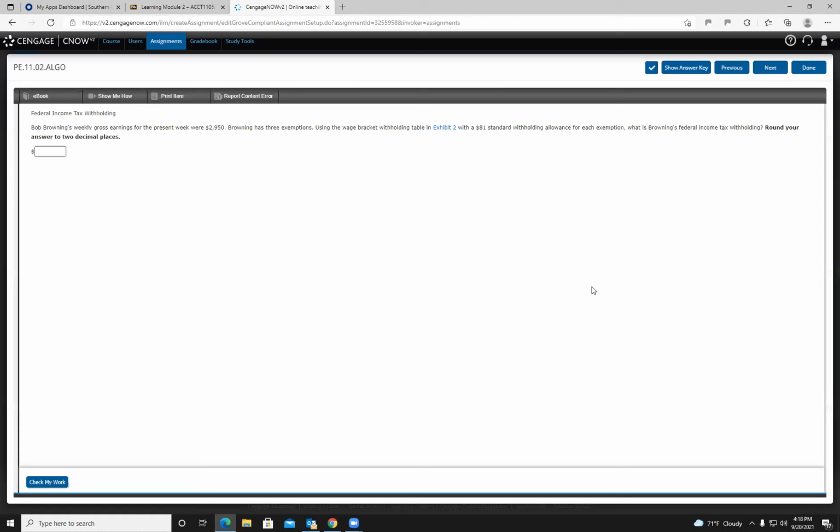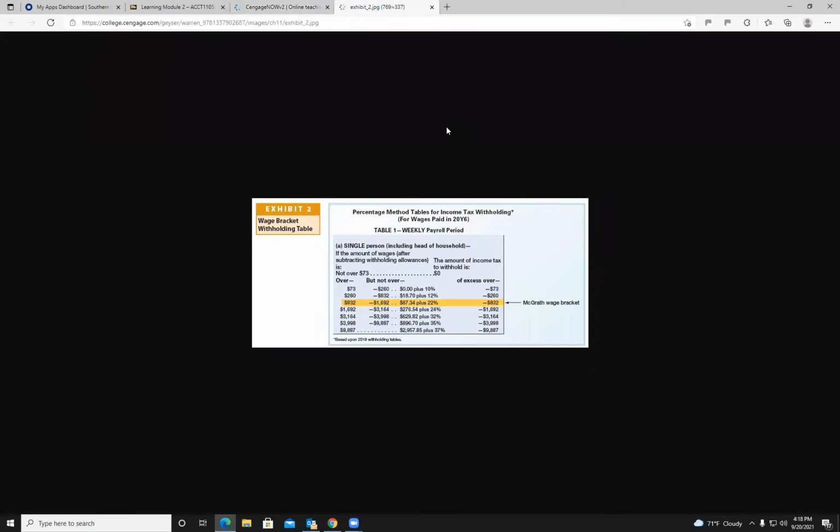In the next problem, we're going into more of the payroll side of the house, and it says federal income tax withholding. Bob Browning's weekly gross earnings for the present week are $2,950. Browning has 3 exemptions. Using the wage bracket table in Exhibit 2, you can click on that hyperlink and it pulls the table right up for you.